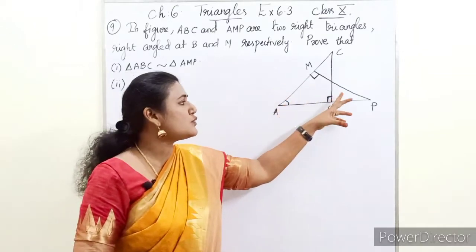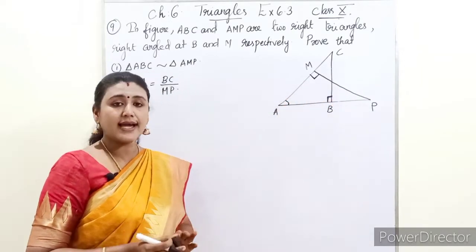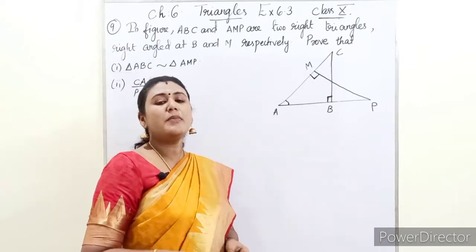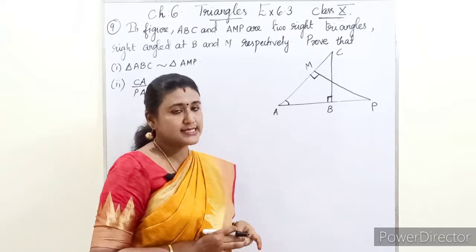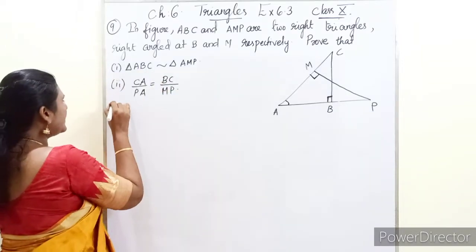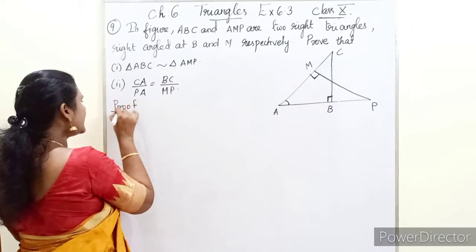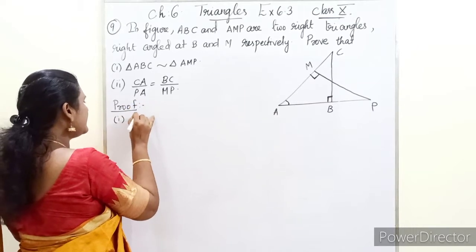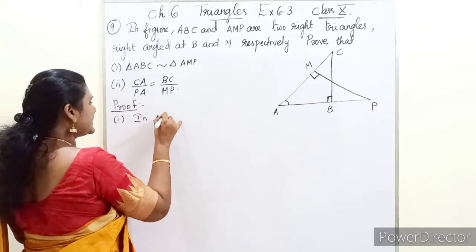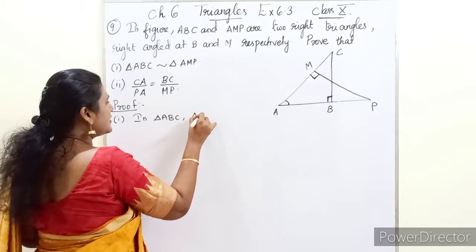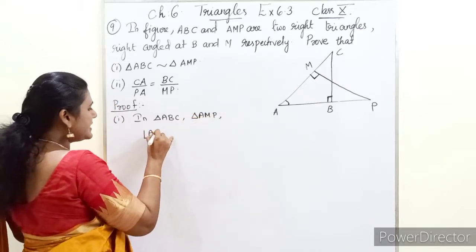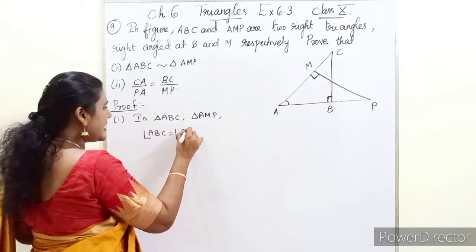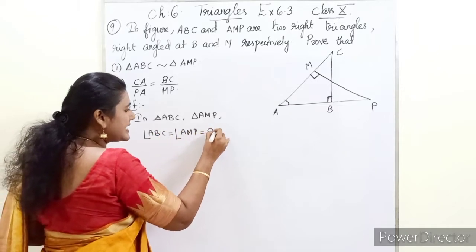So in these two triangles we got two angles are equal. Therefore by AA similarity we can say that these two triangles are similar. So we are going to write the proof of the first part. In triangle ABC and triangle AMP, angle ABC is equal to angle AMP is equal to 90 degrees.